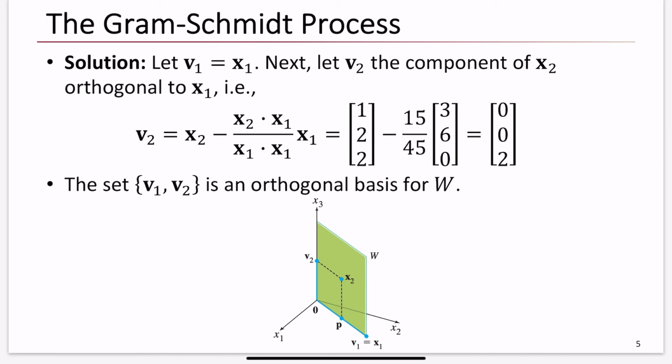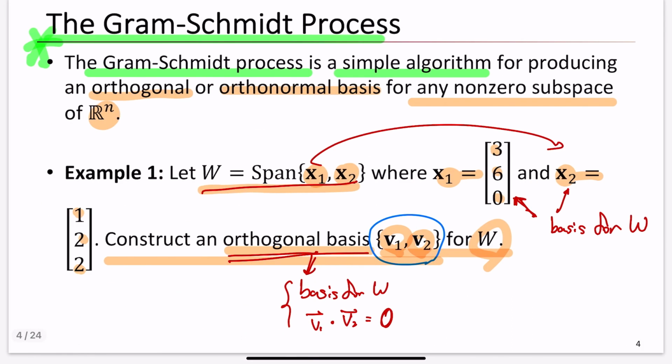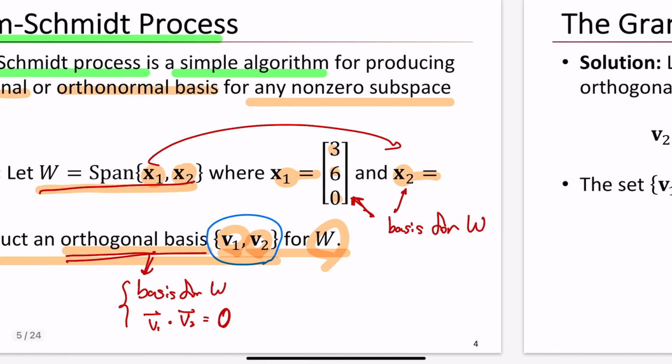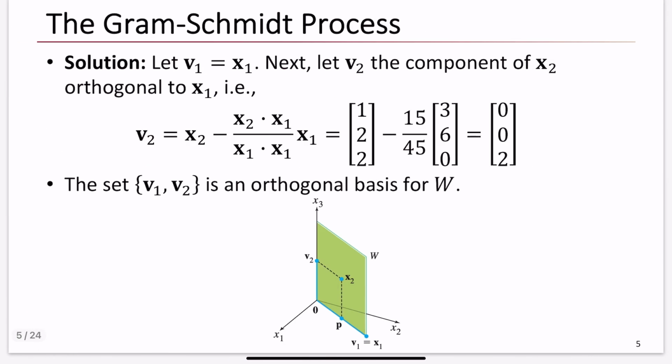Our strategy looks like this. Let's suppose these vectors are defined in R3 space, and x1 is here, x2 is here. Then we want to find v1 and v2, which are orthogonal to each other.